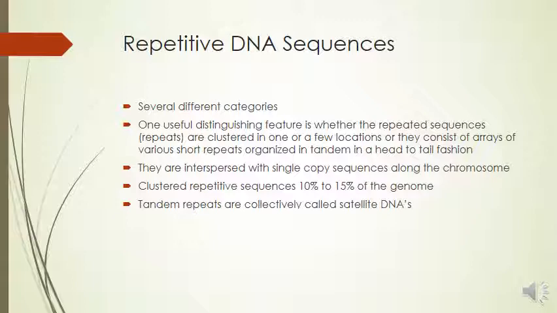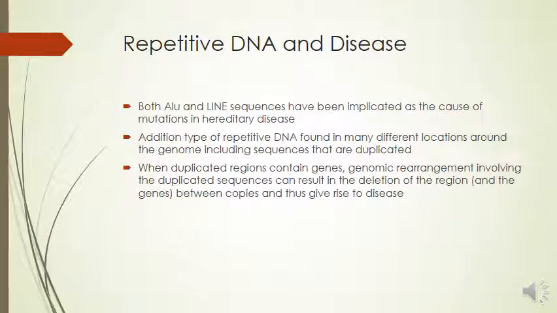The clustered repetitive sequences make up about 10% to 15% of the genome. The tandem repeats are collectively called satellite DNAs. In looking at repetitive DNA and disease, both ALU and LINE sequences have been implicated as the cause of mutations in hereditary disease.